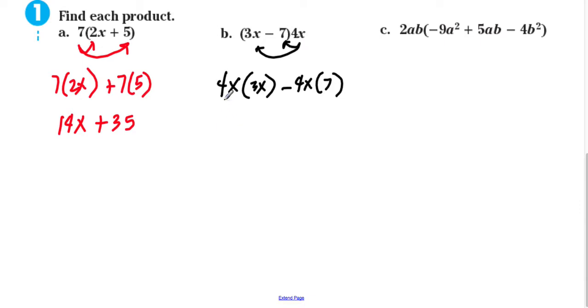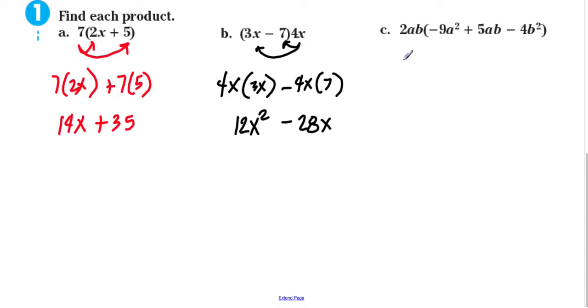So 4x times 3x will give us 12x squared, and 4x times 7 will give us 28x. And this is the simplest form of this polynomial, simply because there are no more like terms.